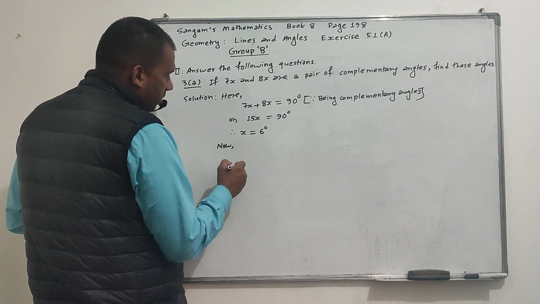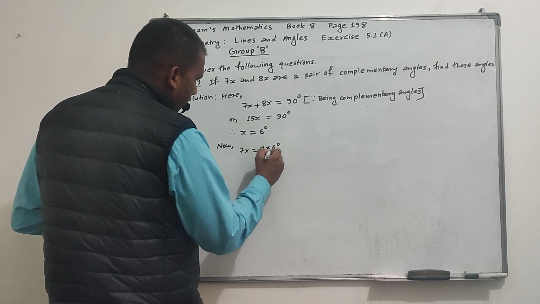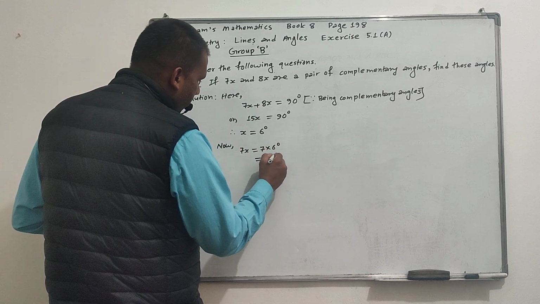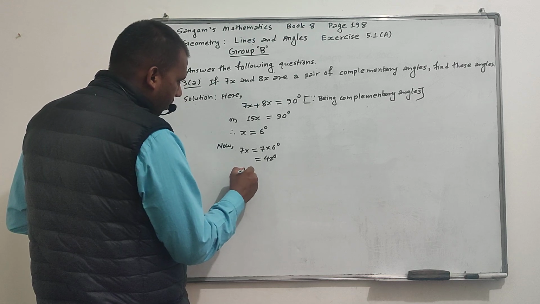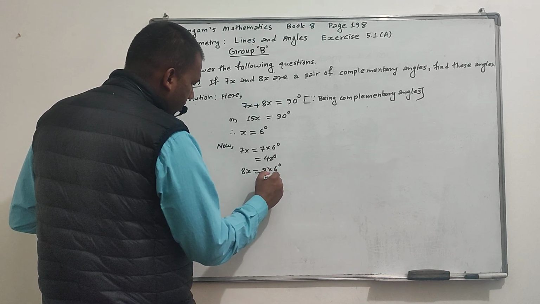Now first angle 7x equal to 7 times 6 degrees, that is 42 degrees, and second angle 8x equal to 8 times 6 degrees, 48 degrees.